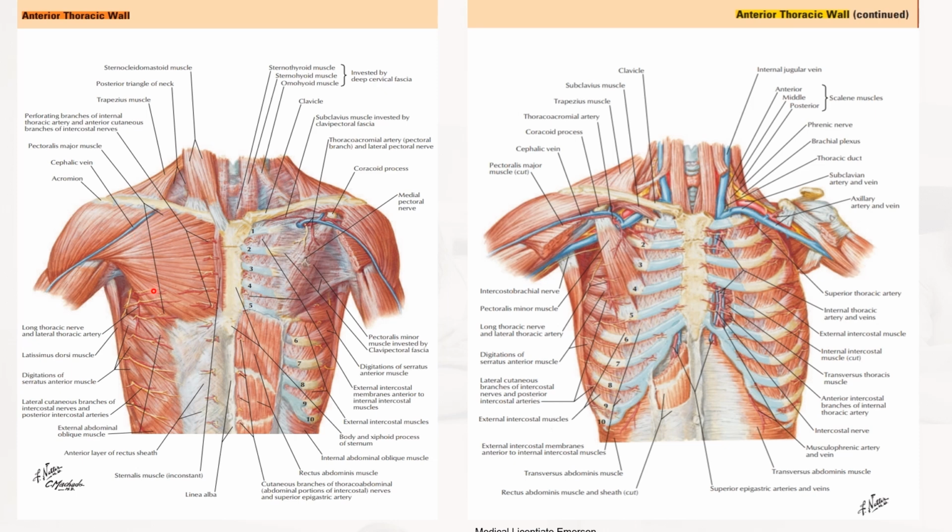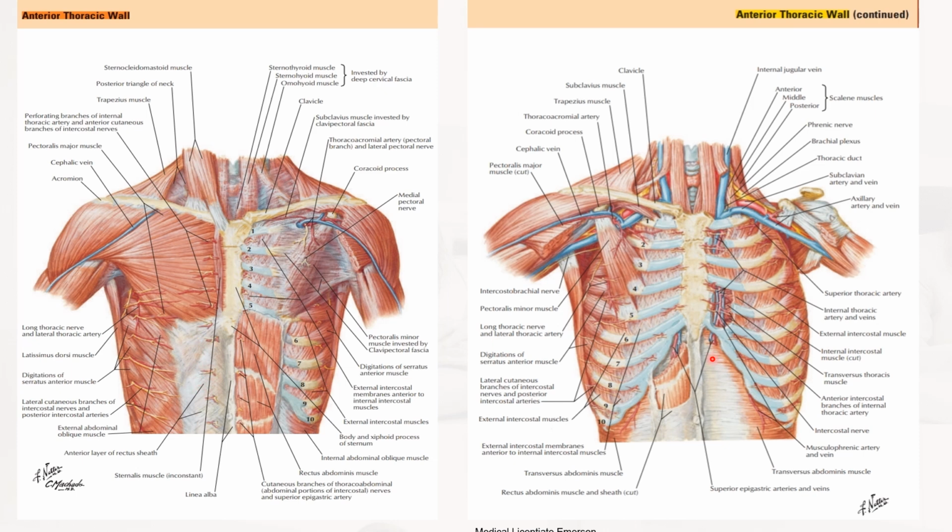So we have the pectoralis minor, pectoralis major, and the serratus anterior. These are the muscles of the trunk, and on the abdomen we find the rectus abdominis muscle and the rectus sheath.